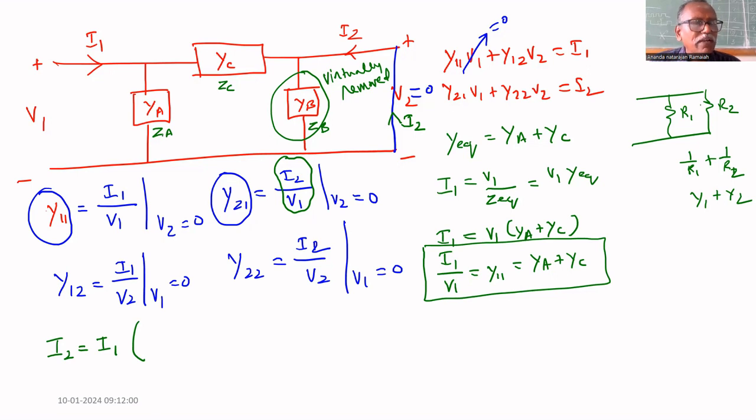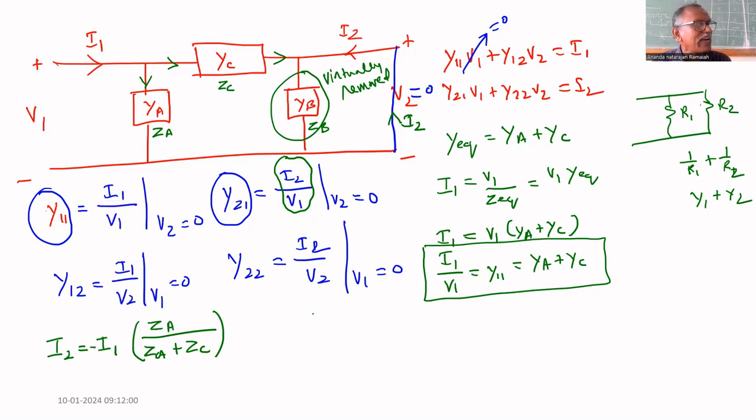In terms of impedance, I want to find the current through YC, so the other branch impedance, that is ZA, divided by total impedance, ZA plus ZC. But the current direction is, one part goes through this, another part goes through this. This is just opposite to I2. Am I correct or not? The part of I1 is just opposite to I2. That's why I have to put a minus sign here.